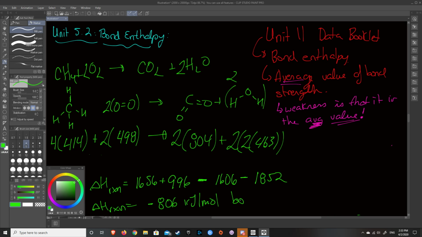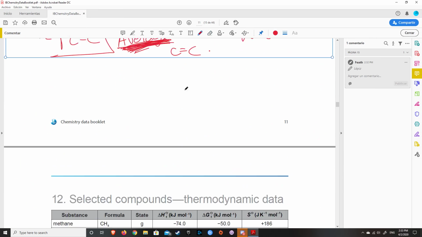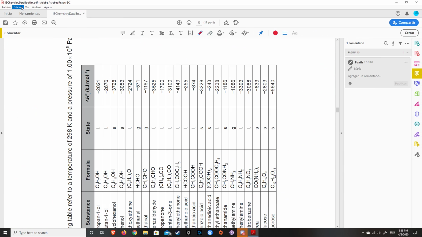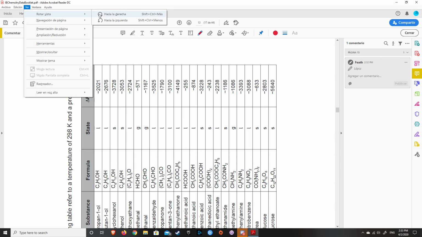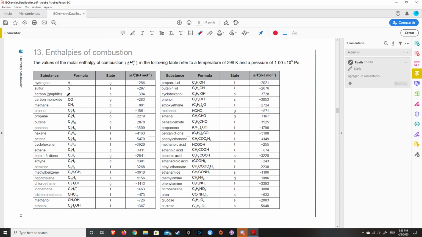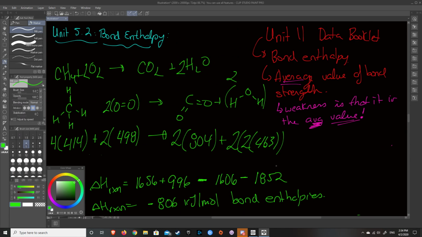And this is calculated using bond enthalpies. So let's see what the real value is. Let's go back to the data booklet, page 14 right here. You just have to rotate it. For methane, negative 891. So delta H of combustion is negative 891 kilojoules per mole.